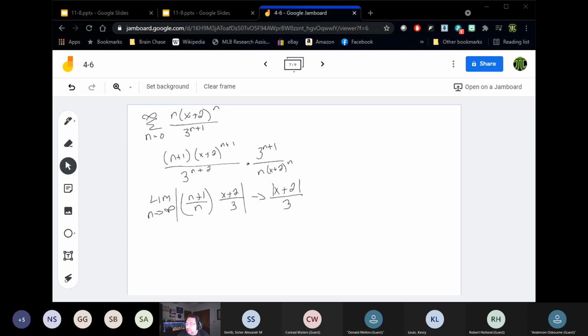All right, so this limit should break down to the absolute value of x plus 2 over 3 when we do this one. Everybody get to that?